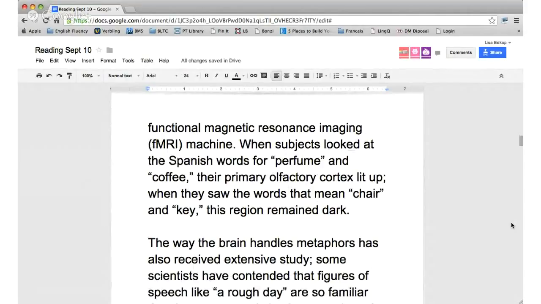When subjects looked at the Spanish words for perfume and coffee, their primary olfactory cortex lit up. When they saw the words that mean chair and key, this region remained dark.